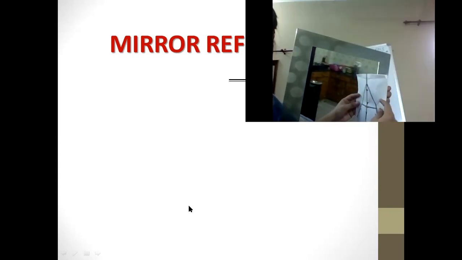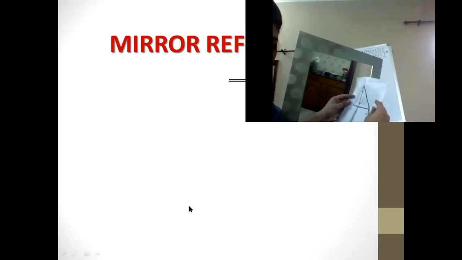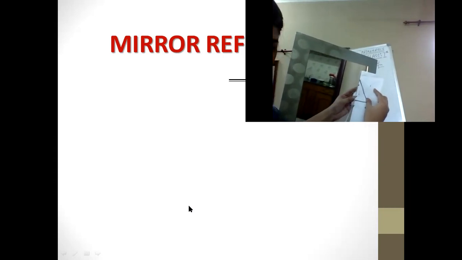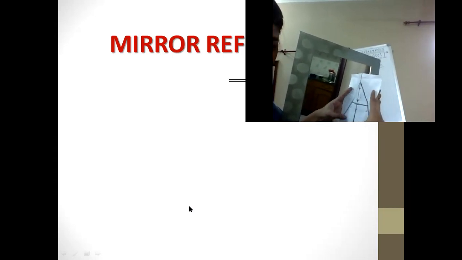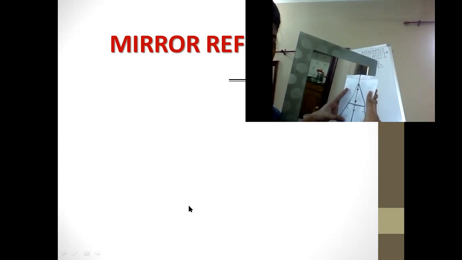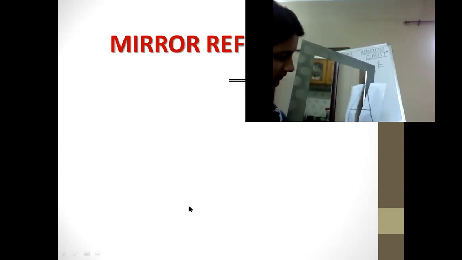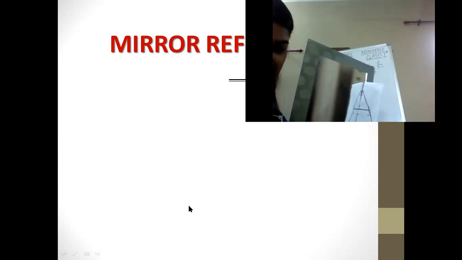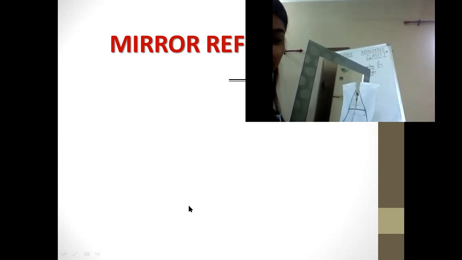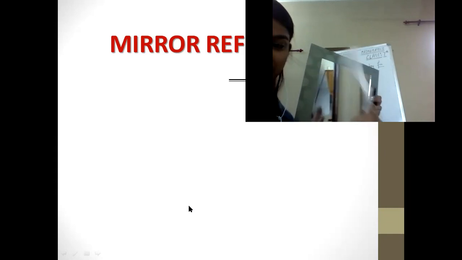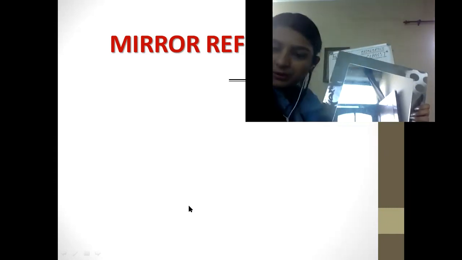If I keep the mirror on it, what you can observe is that this half A is making the entire complete A, isn't it? You can notice that. Yes, so you can see that it is making a complete A. That means it is making a proper line of symmetry.